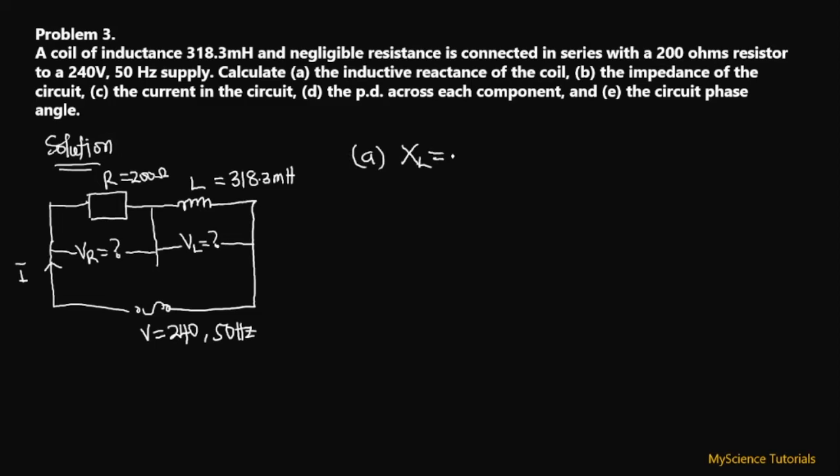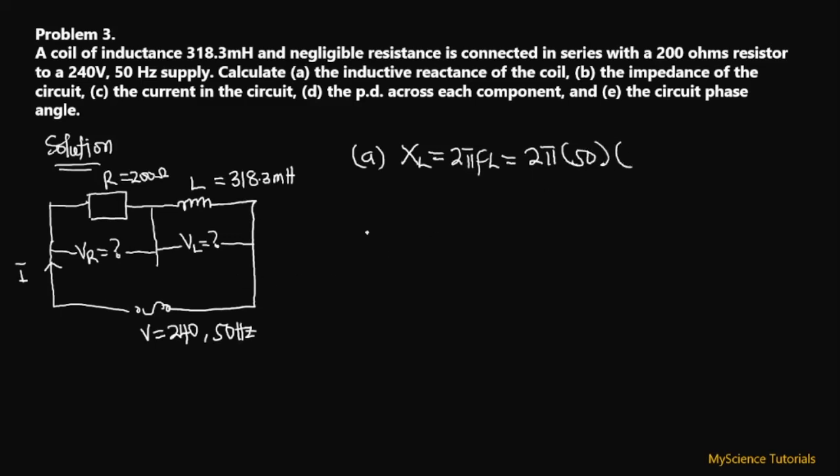And from the previous example that we did, we know that XL is equal to 2 pi FL. So with that in mind, we just write 2 pi FL, and we do the necessary substitutions. We know our frequency has been given to be 50. We have 50 here.